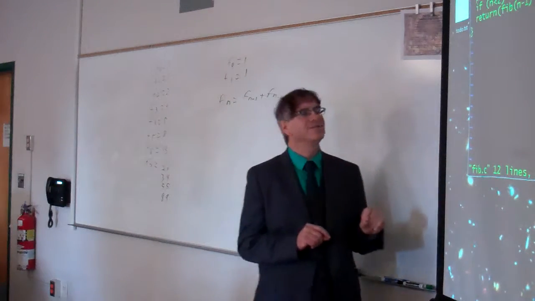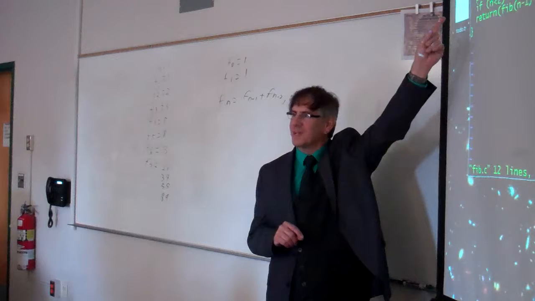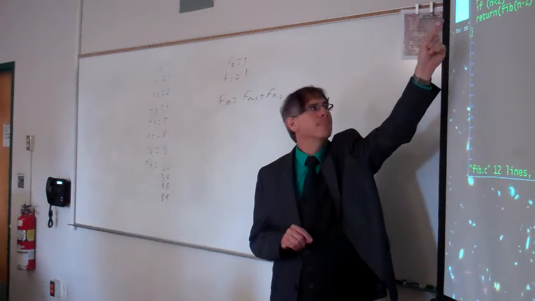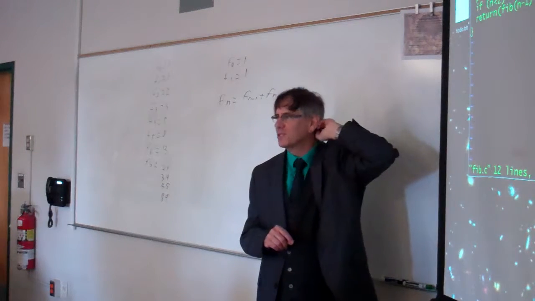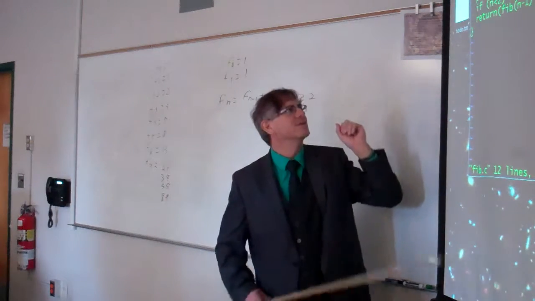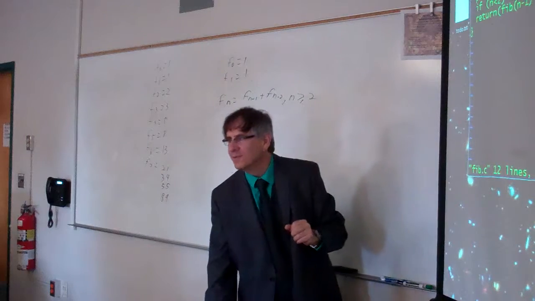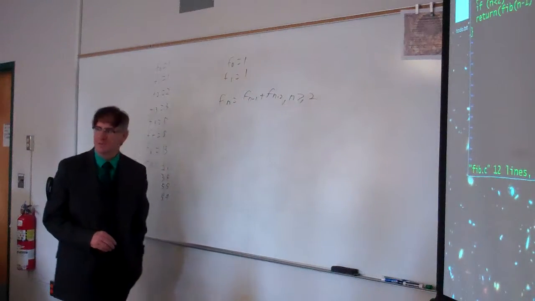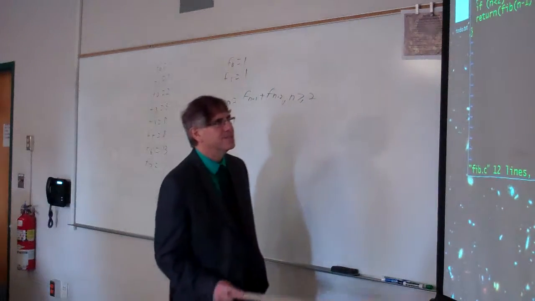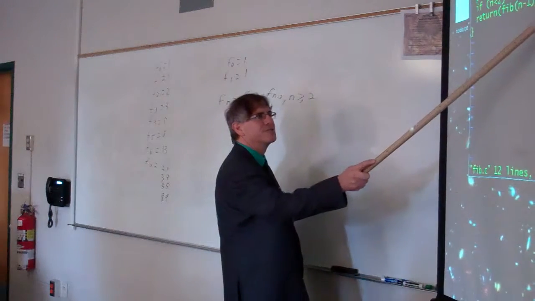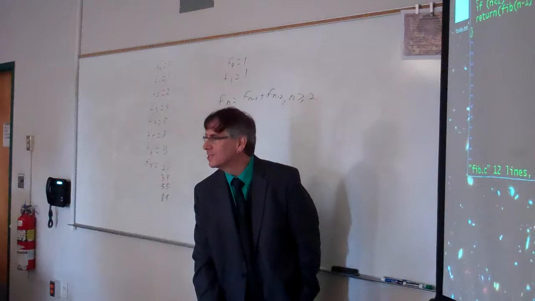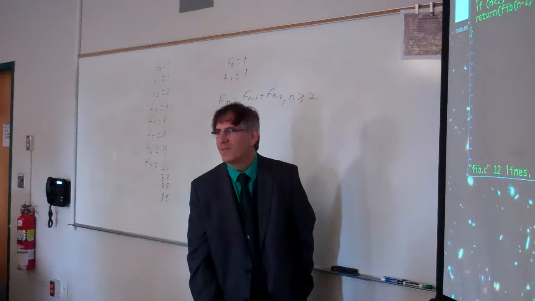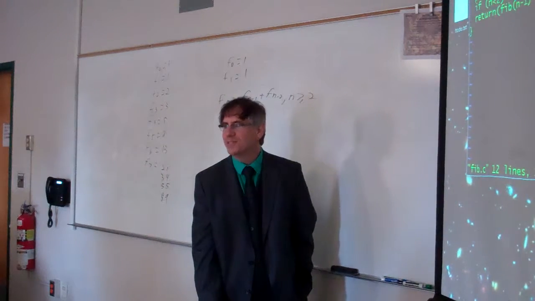If you believe that fib works for values less than n, in particular, if you believe fib works for n minus 1 and n minus 2, you've got to believe that fib will work for n, if you believe in induction. Because if this gives me the n minus first number and this gives me the n minus second number, this expression will give me the nth Fibonacci number. And at some point, that's all you need to believe.